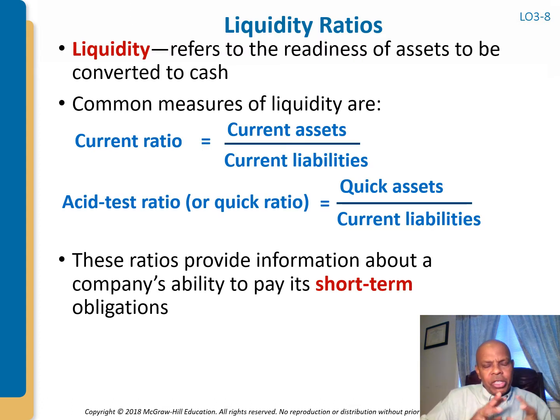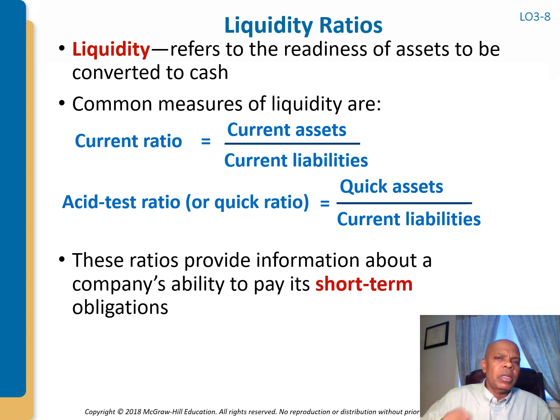Now, looking at the ratios, we mentioned that we're going to look at several different ratios. First being the liquidity ratio, which refers to the readiness of the assets to be converted to cash. How liquid our assets are, how quickly we can convert our assets to cash and pay obligations.